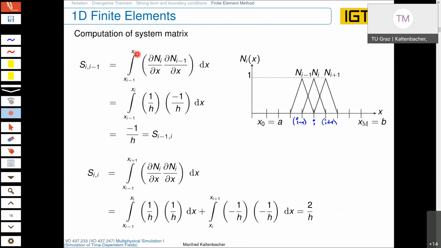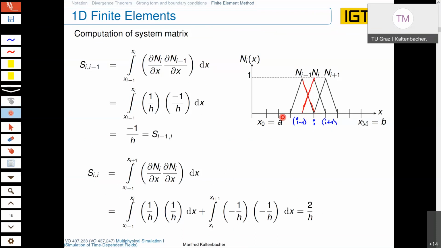Let's look, because we have the basis function N_{i-1}, and I make this explicit, and the basis function N_i, I make this explicit. They just have, as you can see here, an overlap from node i minus 1 to node i. In all other regions of the computational domain, they have no overlap.